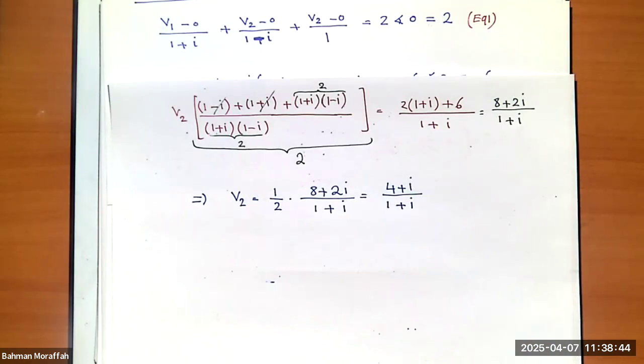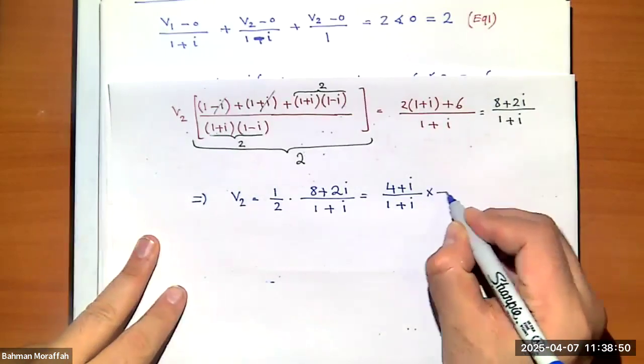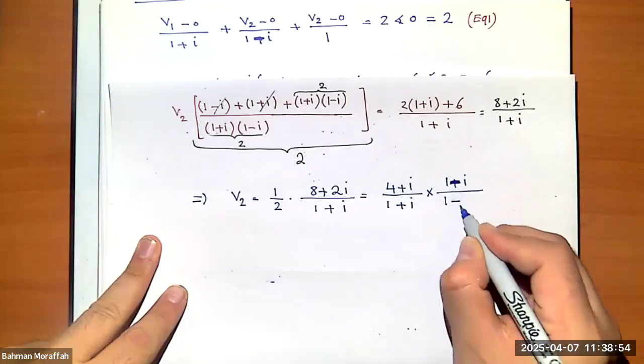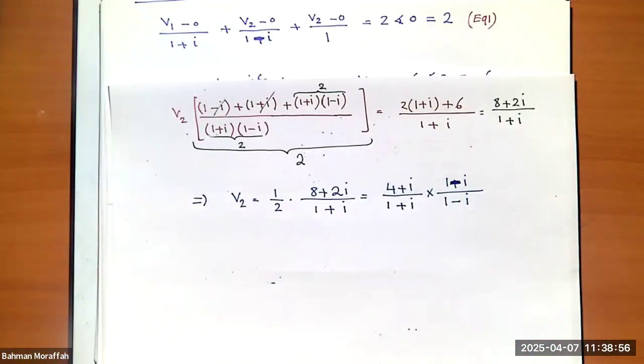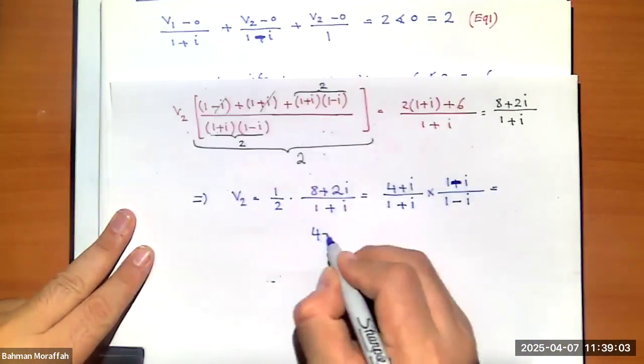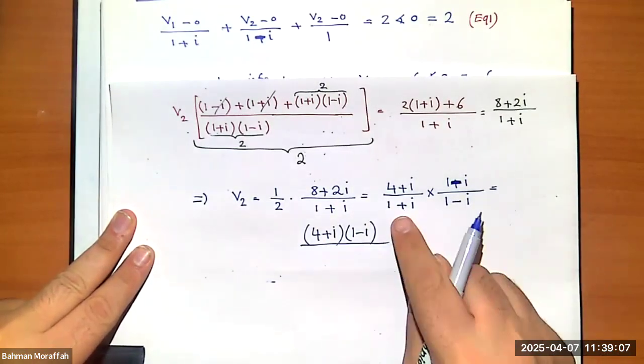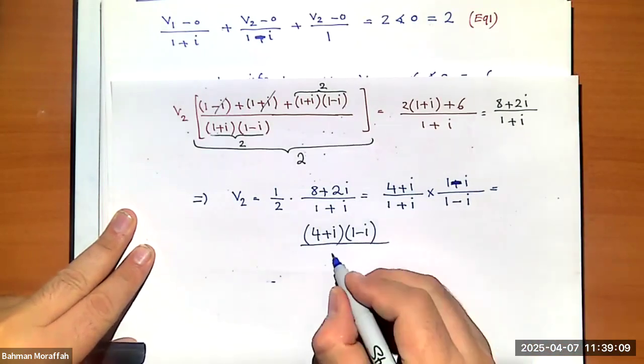Multiply the whole thing by the conjugate of the denominator and divide it by that. So I have times 1 minus i divided by 1 minus i. Remember, the conjugate of 1 plus i is 1 minus i. Right? So I get 4 plus i times 1 minus i divided by, again, these are conjugates, so that would be 2.